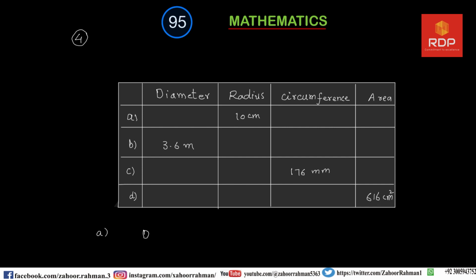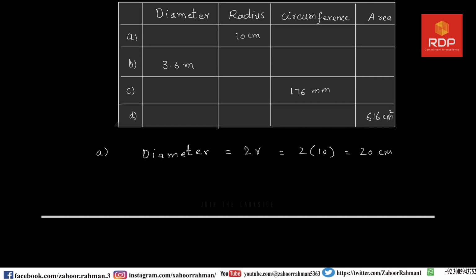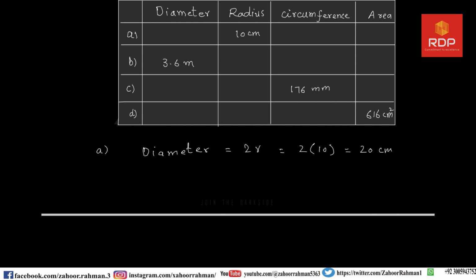So in this case I am writing diameter, and you know that diameter is equal to double of the radius. So when we put 10 instead of the radius, then we will get the answer, and that is 20 centimeter.